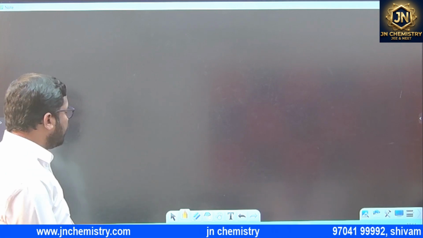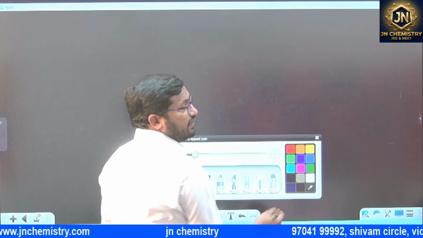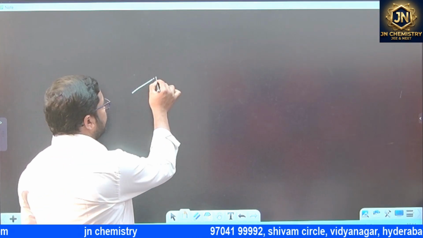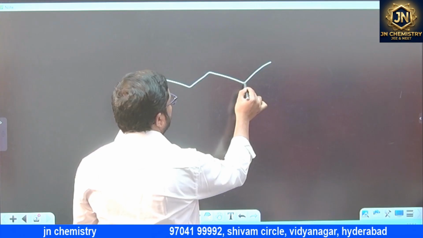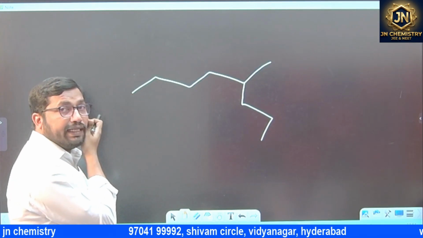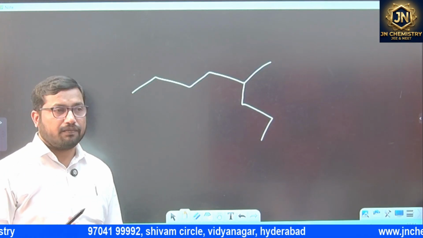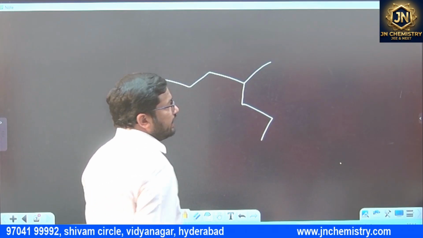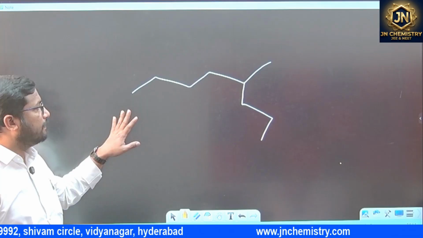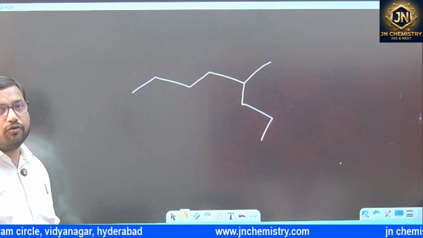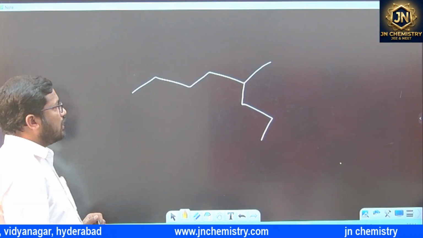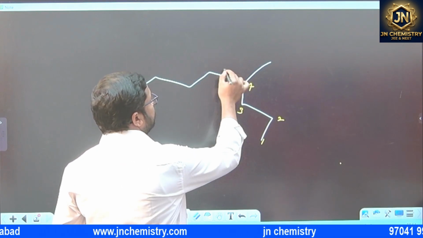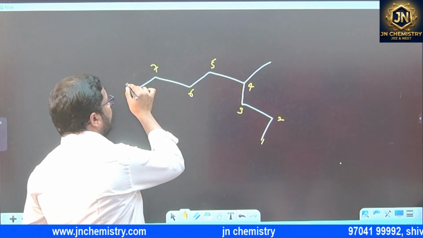The first rules we already know. First, select the longest chain rule, as I already explained, then the least numbering rule. What is the parent chain here? How many carbons does the parent chain have? 1, 2, 3, 4, 5, 6, 7, 8.